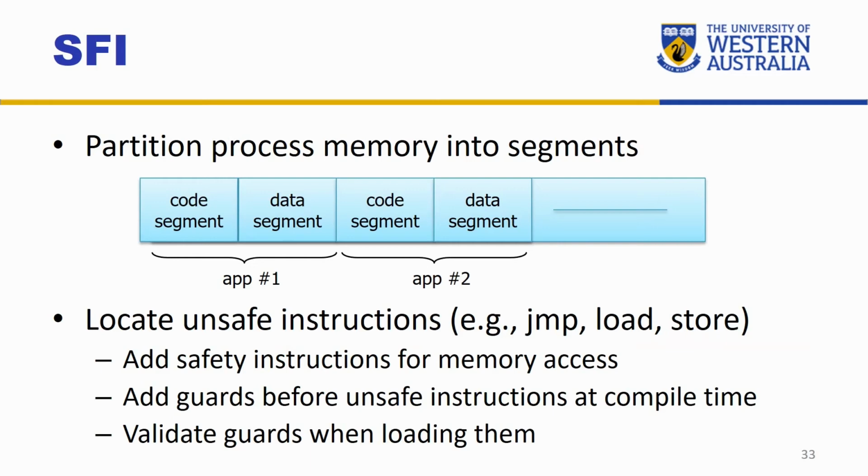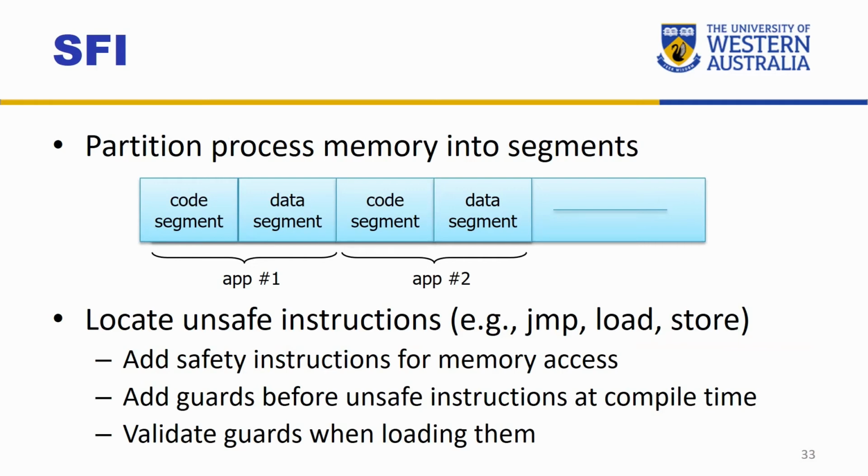So we're trying to locate unsafe instructions. For example, there is some assembly code that does jumps or loads or stores, and those can be used quite maliciously within the applications, trying to corrupt other parts of the memory.